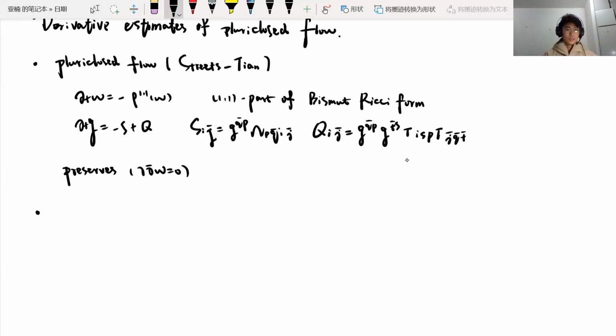And the relationship between the Floricos flow and the generalized Ricci flow is that actually they are the same up to a gauge.